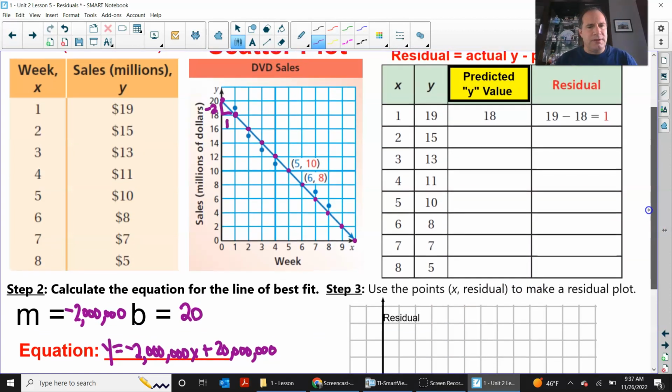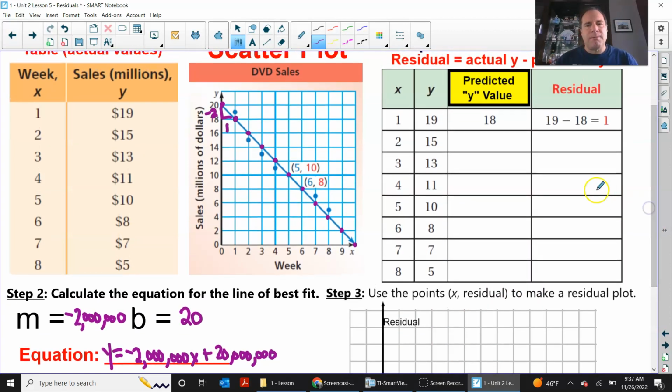And then we're going to go over to here. Okay. So remember, these are actual points. All right, look, 1, 19. There it is right there. You see that blue? I'm going to put that blue right here. That's 1, 19. 2, 15. That's this. 3, 13.